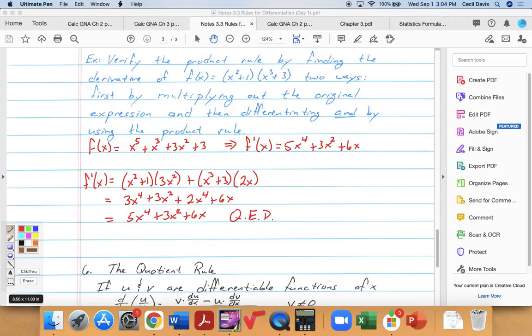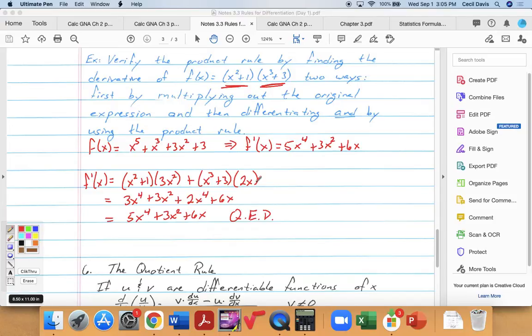I'm using the product rule. The product rule says keep the first, then take the derivative of the second, and then reverse, plus keep the second times the derivative of the first. Okay? Now, is there any reason to do this on a polynomial? No. You should simplify the polynomial first, then take the derivative.